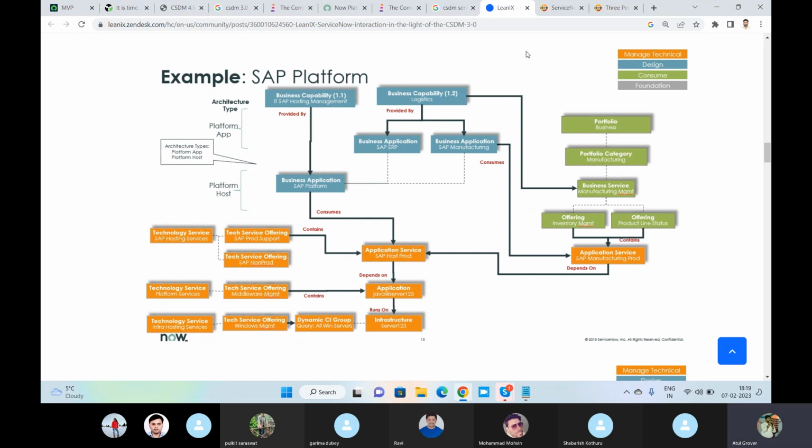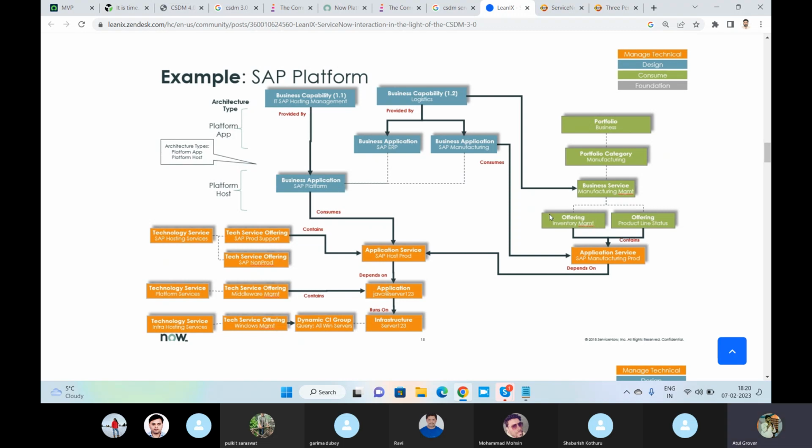Hospital is a business. Hospital as a service, business service, like OPDs, operations. These are the offerings; the business service can be hospitality. Under the business service, I have OPD, I have operation, I have MRI, and X-rays are my offerings.